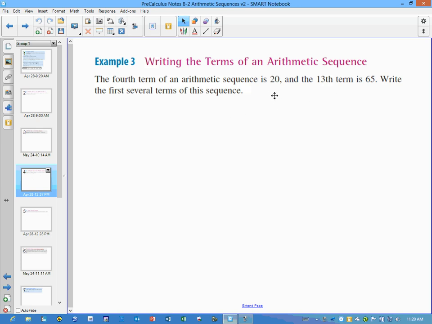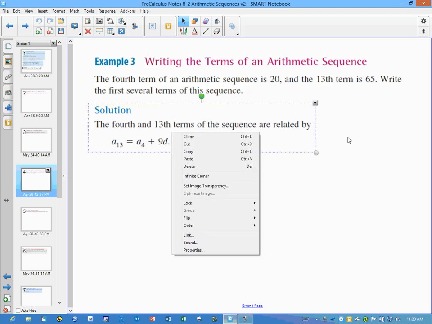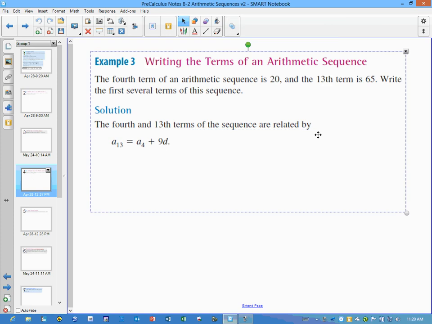It means that we're going from 20 to 65. So we think of this as a sub 13 is going to be a sub 4 plus 9 differences. To go from a sub 4 to a sub 5 would be 1 difference. To go to a sub 6 would be 2 differences, etc. And this is why I like to think of it visually with that type of structure.